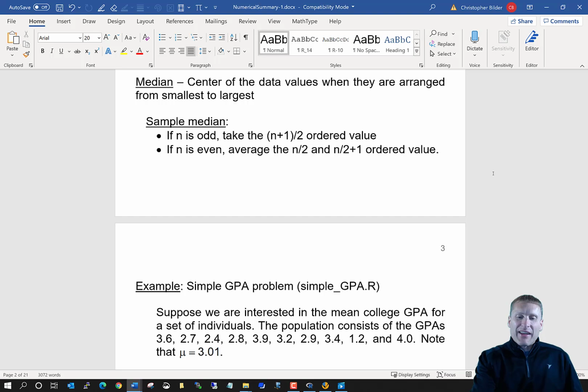If n is odd, then we simply take the (n plus 1) divided by 2 ordered value. If n is even, find the n divided by 2 value, find the (n divided by 2 plus 1) value, and take their average.